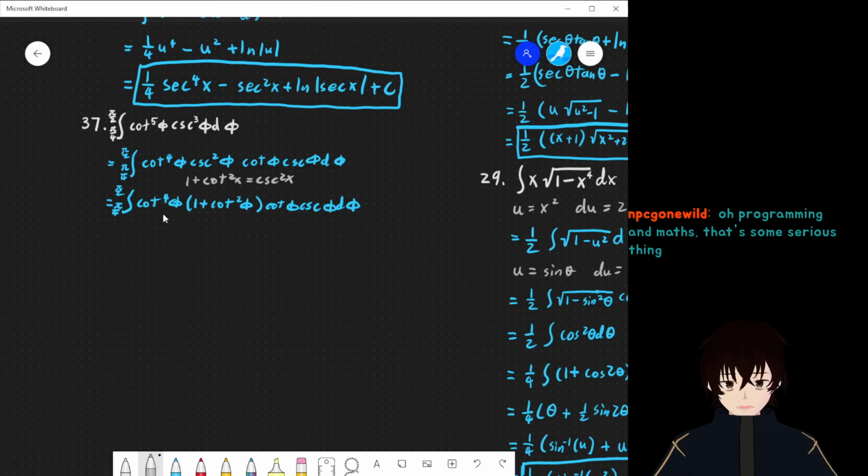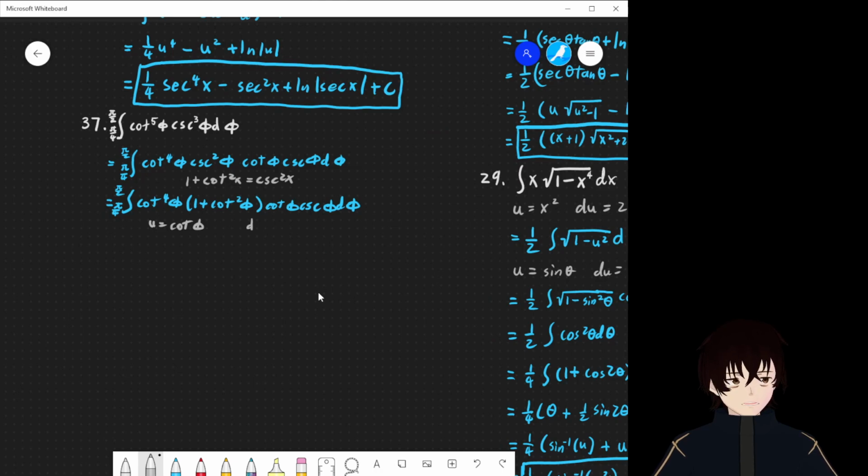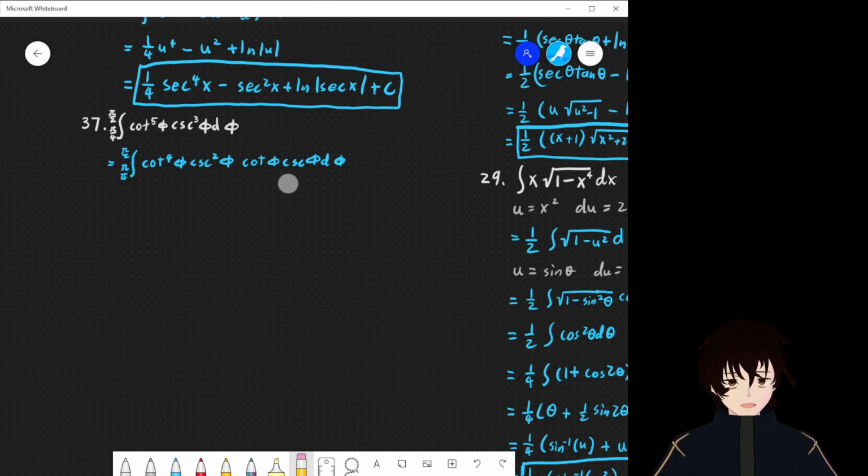But anyways, now we can do a little u sub. U is equal to cotangent of phi du. Wait. No, because that would want cosecant. Wrong thing, wrong thing. Redo, redo. We need to do it the other way around. We need to change the cotangent, not the cosecant.